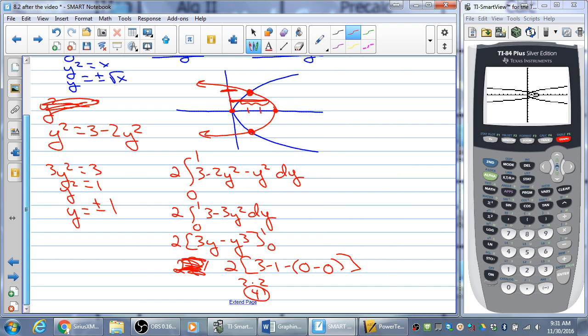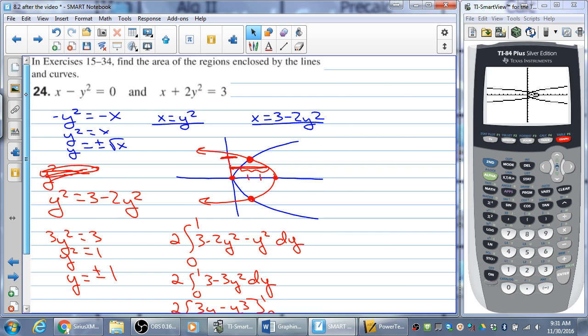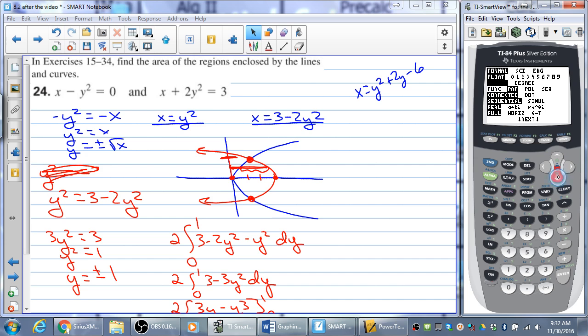Go ahead. So why do you have to put it in the parametric function? Why doesn't it work in Y1 and Y2? Okay. Let me ask you this. If I have the equation x equals y squared plus 2y minus 6, and we go to function form, the normal form, go to y equals, what are you going to put into y equals?